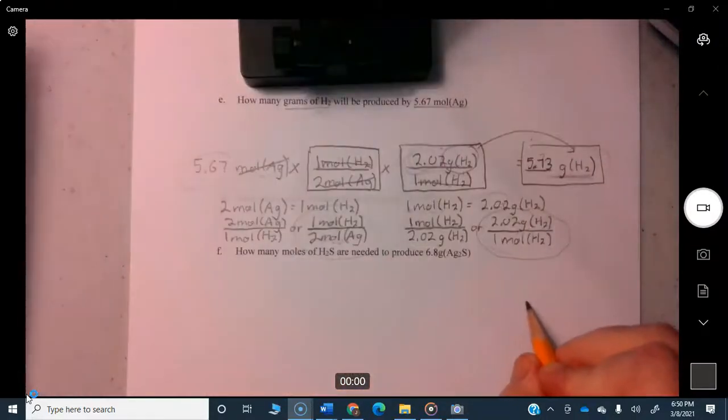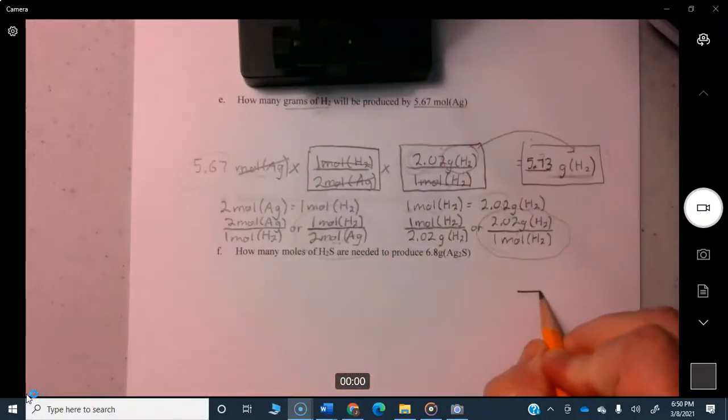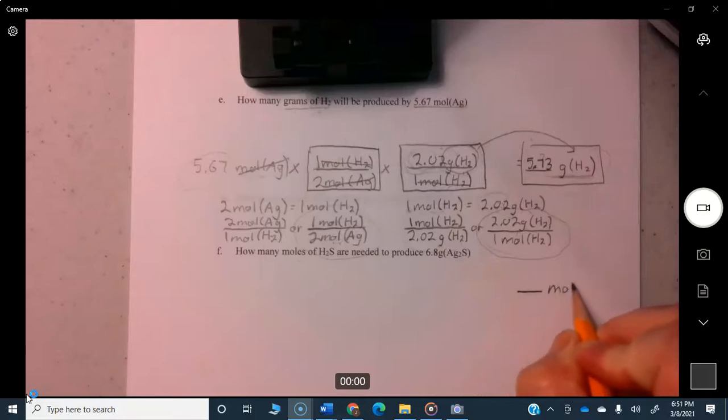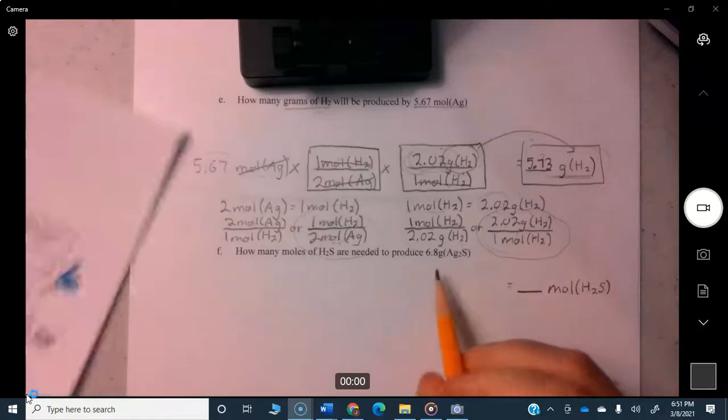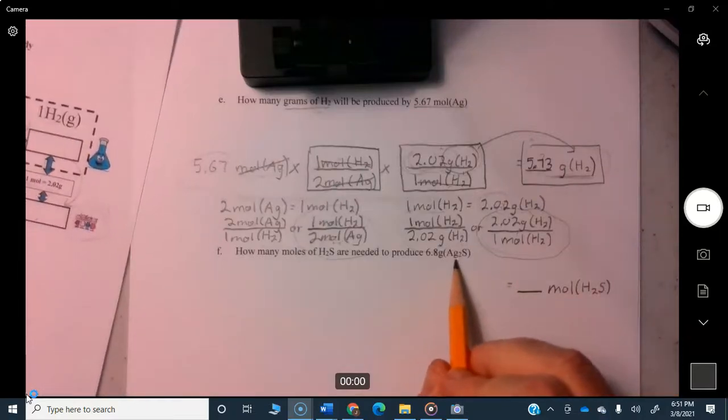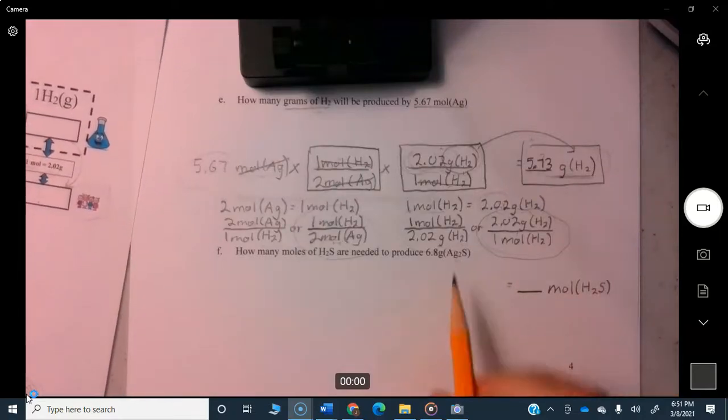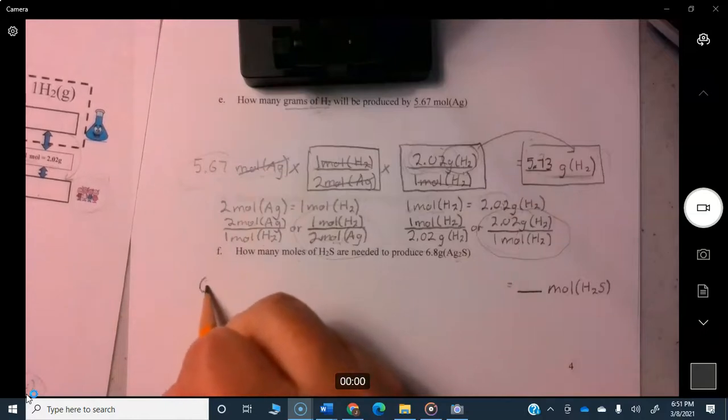So let's go ahead and set up the math equation now. It's going to be moles of H2S, so I'm going to come way over here. And we're starting off with 6.8 grams of Ag2S, so that's way over here. Again, in a math equation, you always start on the left and end up on the right.